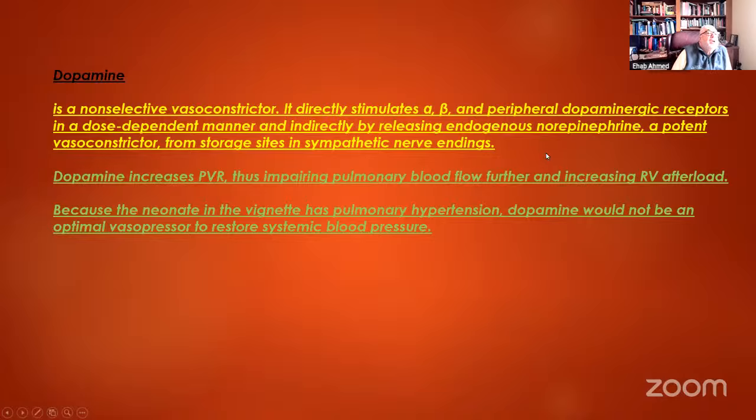Same with adrenaline, with different receptors. A potent vasoconstrictor because it also releases endogenous norepinephrine. Dopamine increases peripheral vascular resistance, the same problem we had with vasopressin.